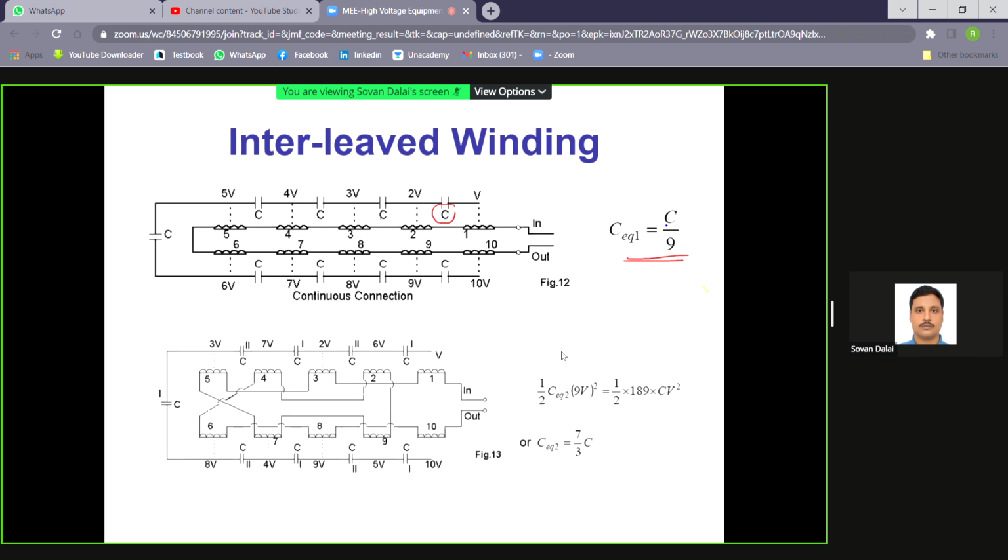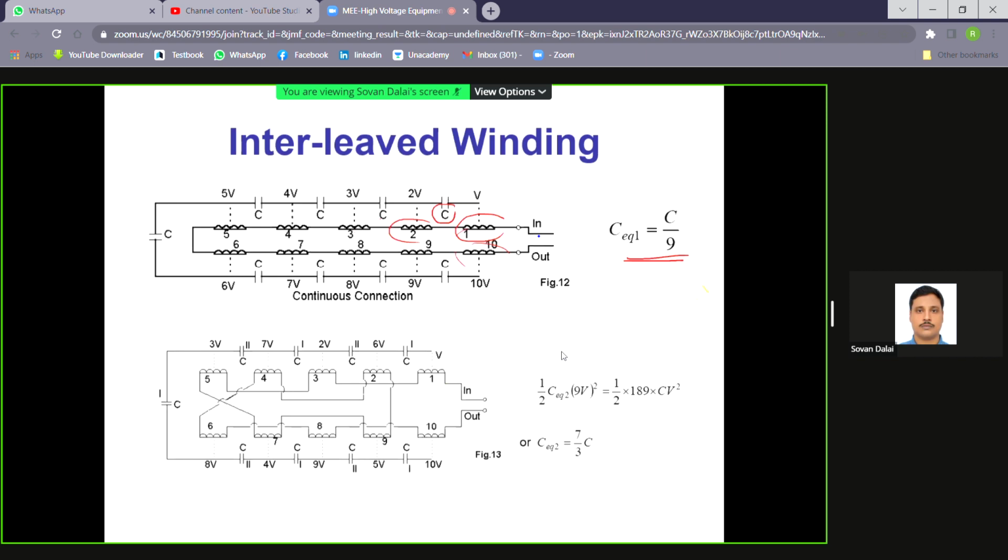Is this understood? First connection you see. We consider a transformer winding consists of 10 discs, and each disc is sharing the same voltage level.